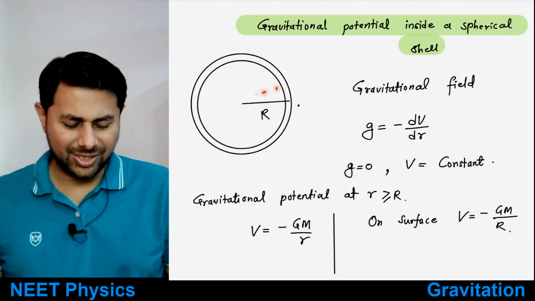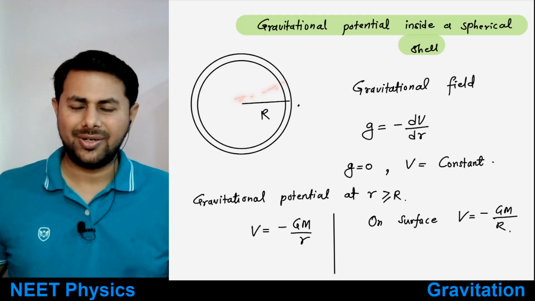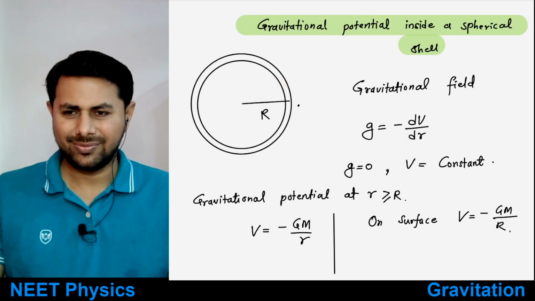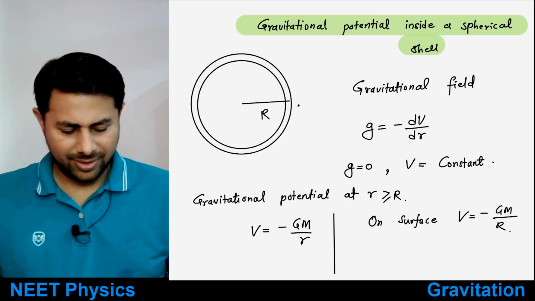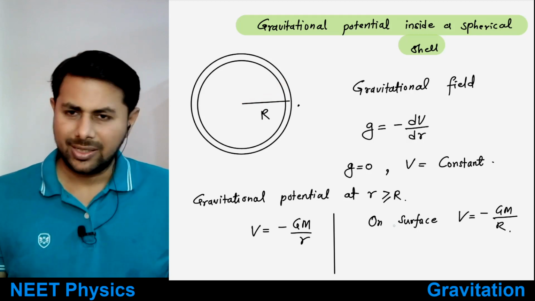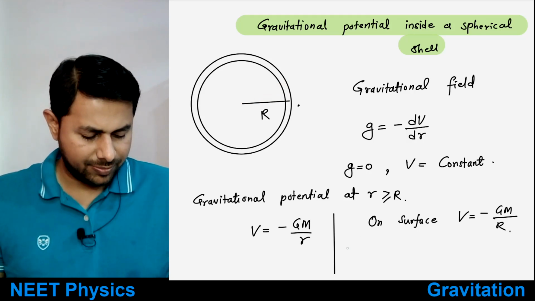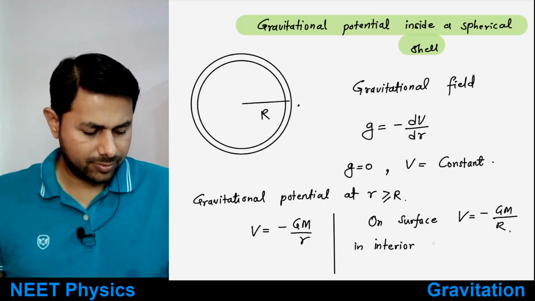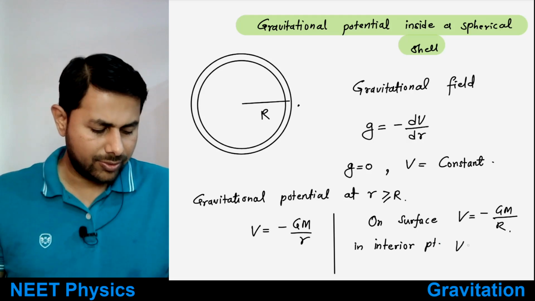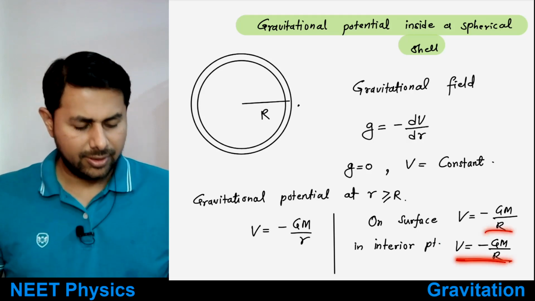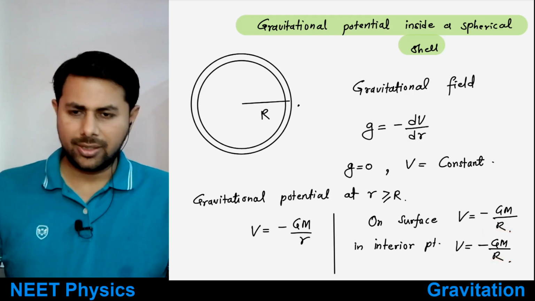Okay, if potential changes, then what would happen? There would be some field. Is this thing clear? On surface and in the interior region, for any interior point too, V is constant, means V is minus Gm over R. Is this thing clear to everyone?